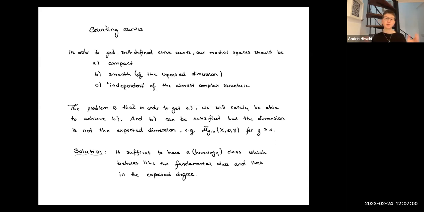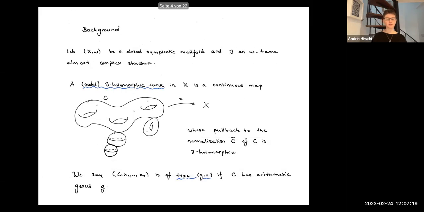And I say put homology in brackets for the simple reason that this class will usually not live in singular homology, but in something like the dual of Čech cohomology or in Čech homology, because these theories have nicer continuity properties.